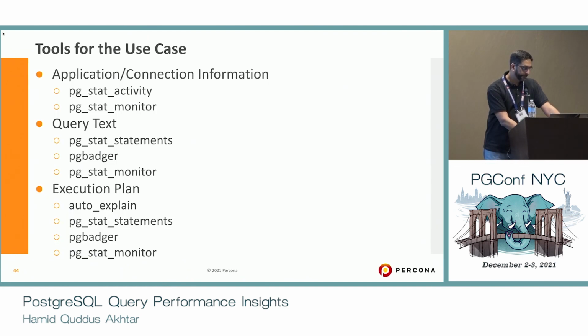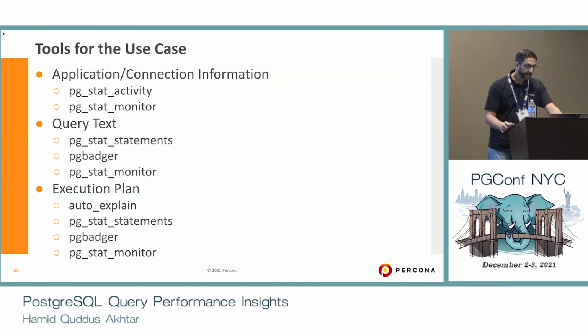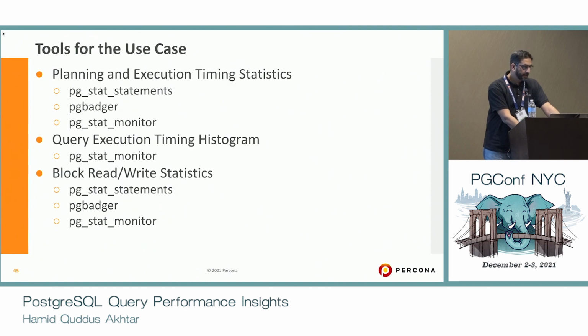So just to summarize what we've captured, some of the use cases are, for example, application connection information: the tools you can use are stat activity and stat monitor. Query text: stat statements, pgBadger, and pg_stat_monitor, and I should really have had pg_stat_activity here as well. Execution plan: auto_explain, stat statements, Badger, and stat monitor.